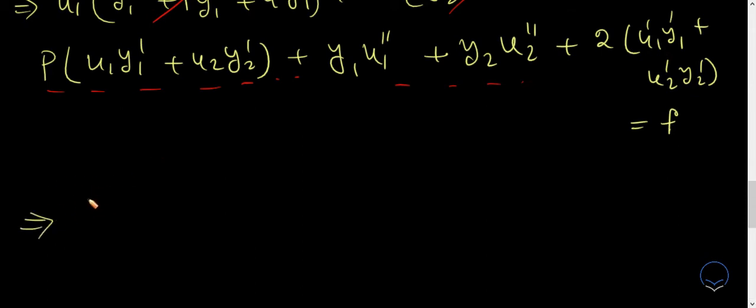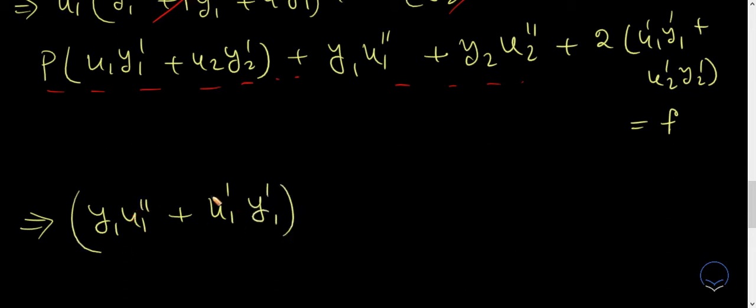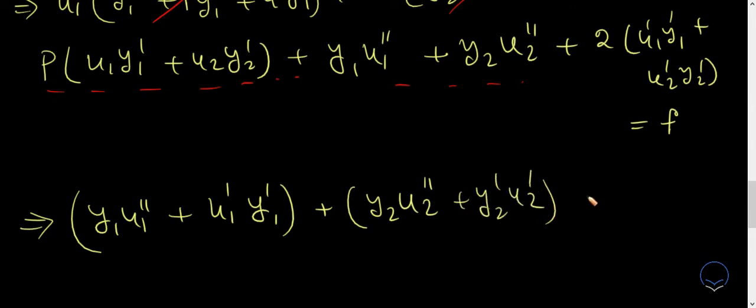So you will have y1 u1 double prime, and here I want to have u1 prime y1 prime and mark this as something separate, and the reason will be evident very soon. Similarly u2 y2 double prime plus y2 prime u2 prime, then I'll have my u1 prime y1 prime and u2 prime y2 prime equal to f.